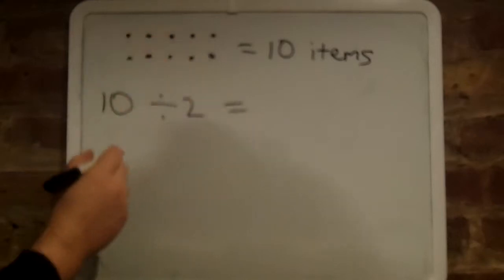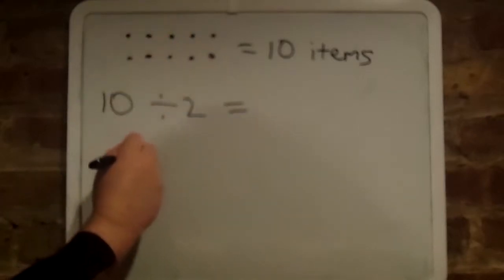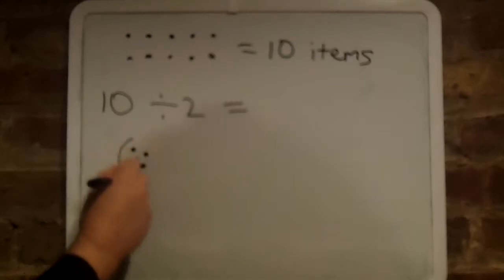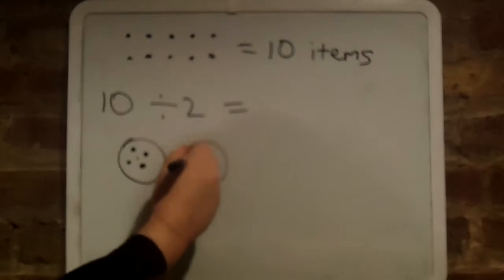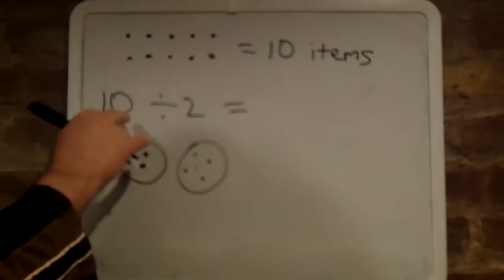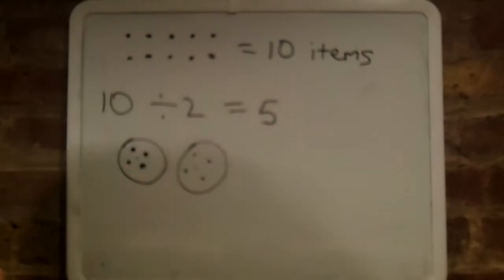Well, using the picture, since I have 2 rows of 5, I could guess that. So here's one group of 5, and then another group of 5. Put them together, that would be 10. So if I divide 10 into 2 equal groups, there will be 5 in each group.